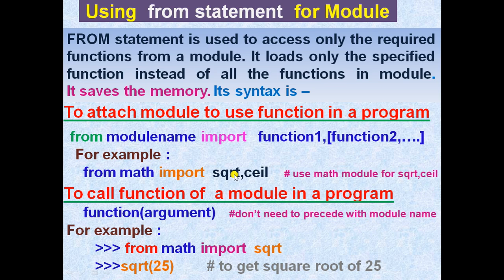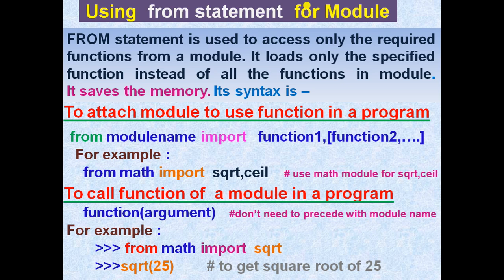Now let's see how the from statement works. The from statement is used to access only the required functions from a module. Means, in the import statement, as soon as we invoke import math, this includes all the functions of math, or it loads all the functions of math in the memory of the system or interpreter.